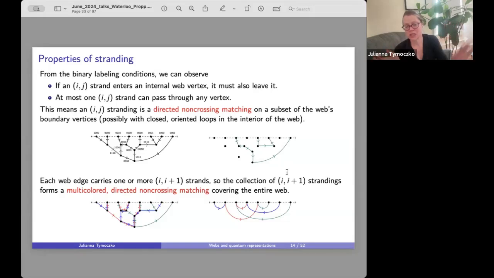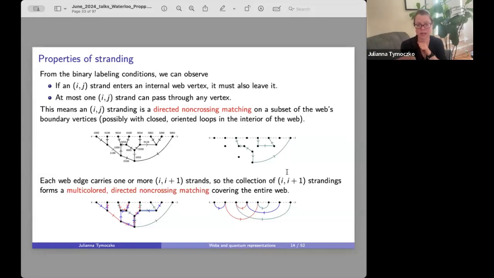Just knowing the information of the I plus one strands allows you to infer uniquely all of the IJ strandings, since the simple transpositions generate all transpositions. There's a stranding analog of that.